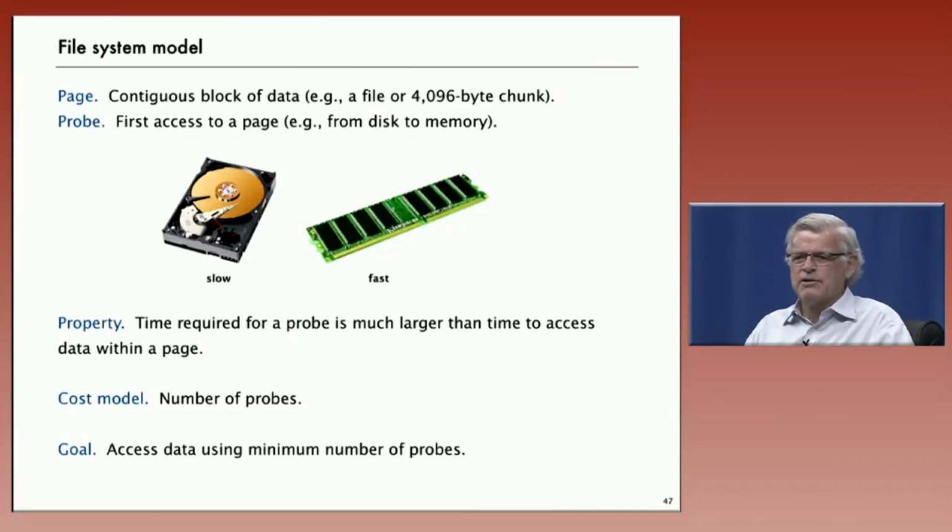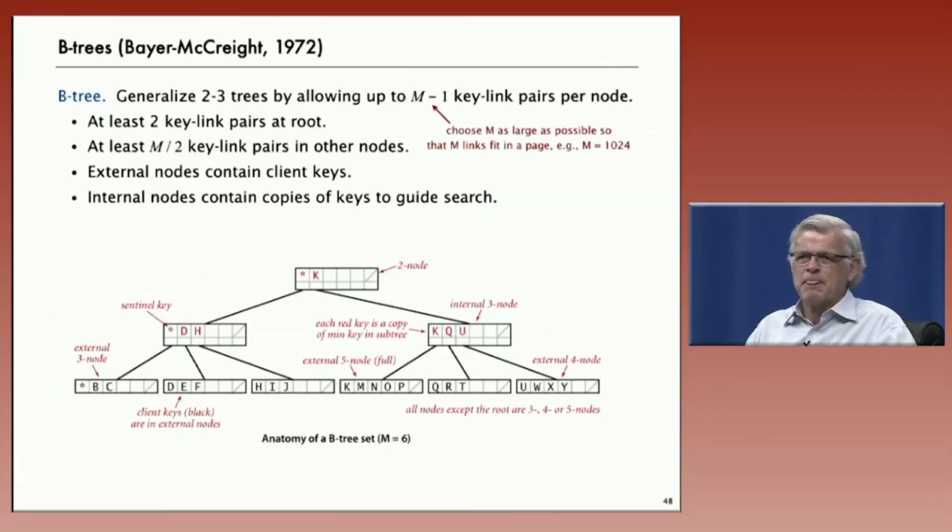So what we want to do is try to access data that's out externally using a minimum number of probes. That's a model of a file system that is pretty workable, and so B trees are a generalization of balanced trees that allow for this.